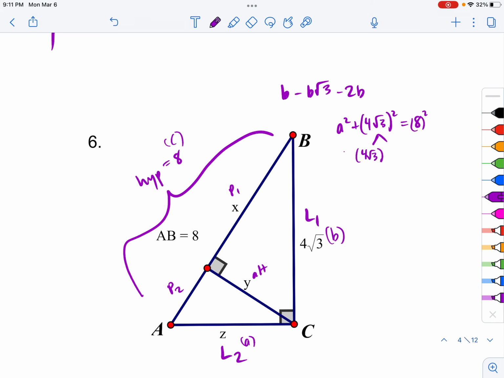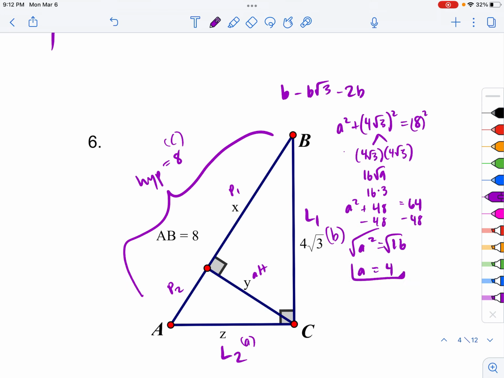We could say 4 root 3 times 4 root 3, which is equal to 16 root 9, which is then equal to 16 times 3, which is equal to 48. Bring everything else down. Right side is equal to 64. Subtract 48 from both sides. We should get a squared is equal to 16, square root 16, and a is then equal to 4.